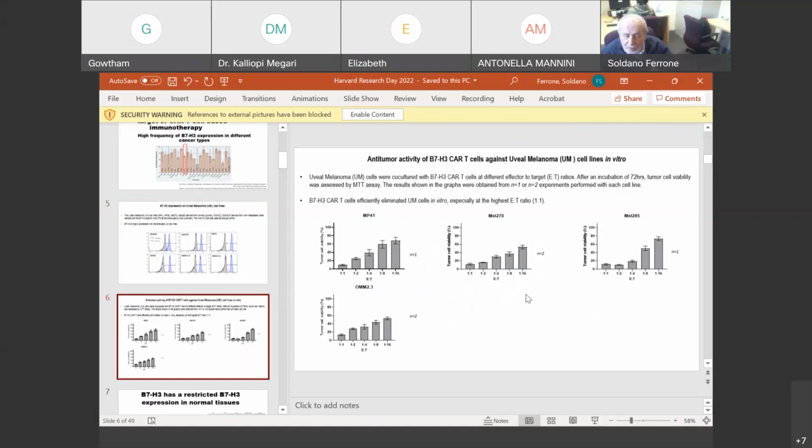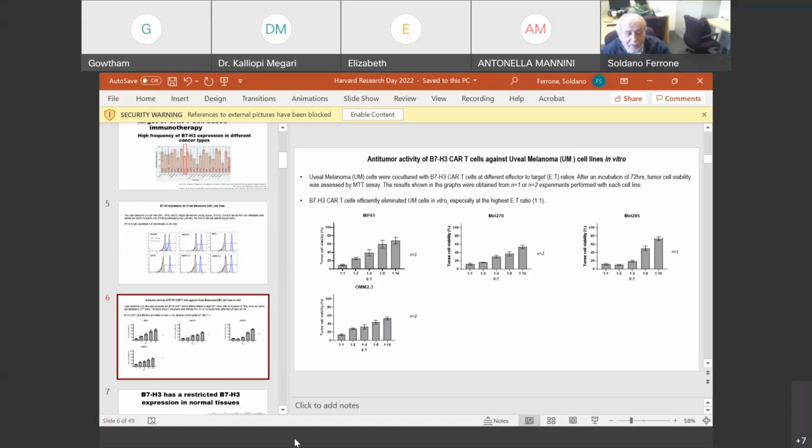So one reason why B7H3 is an attractive target is its expression with high frequency in many types of solid tumors.